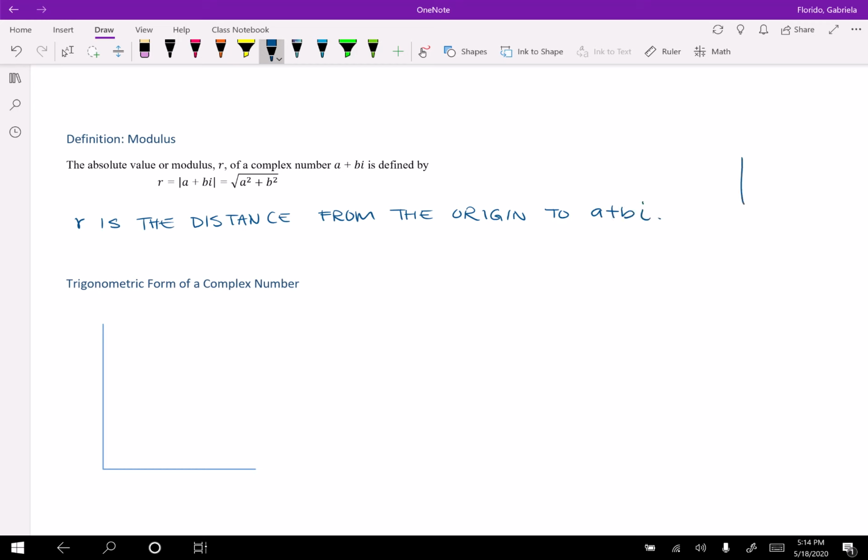Suppose that we have a point somewhere in the first quadrant. My modulus would be the distance from the origin to that point. So that would be my r. Again, it's also known as the modulus.